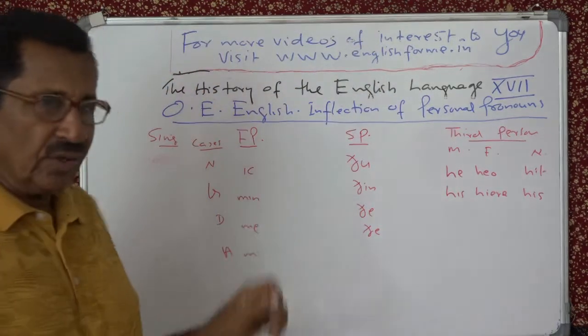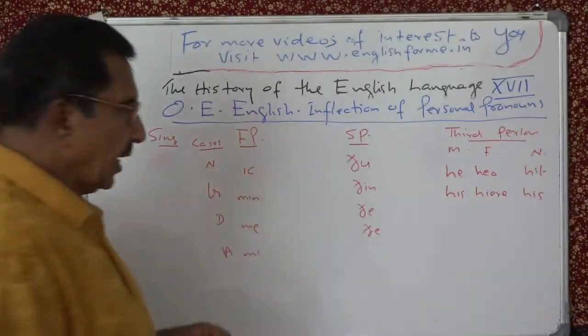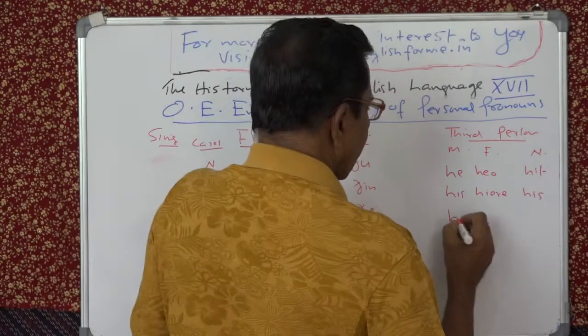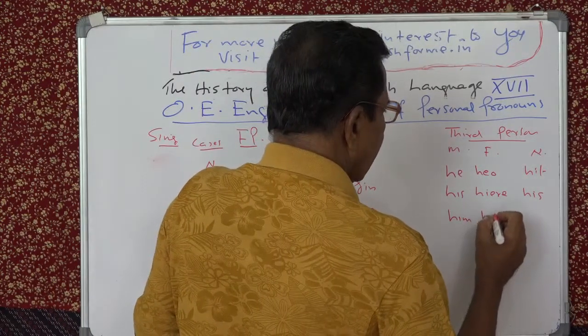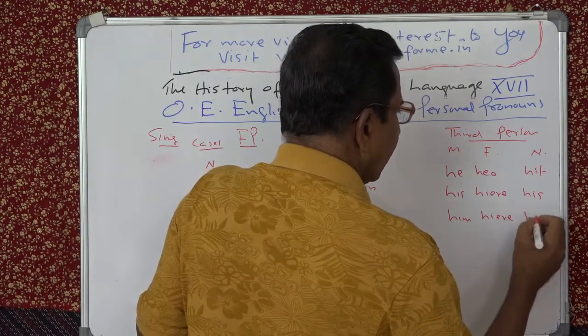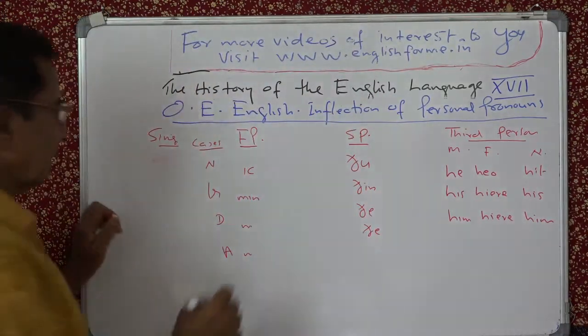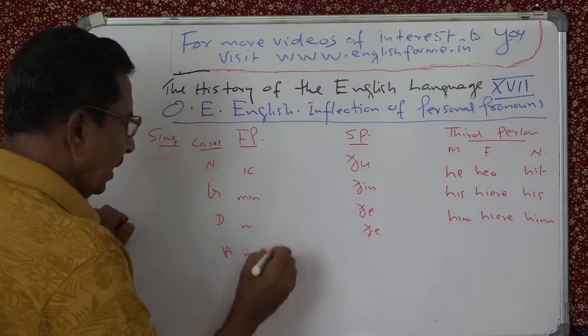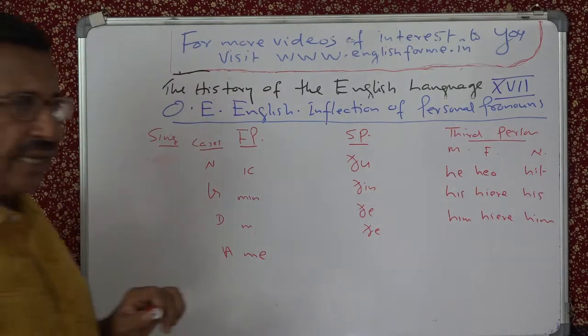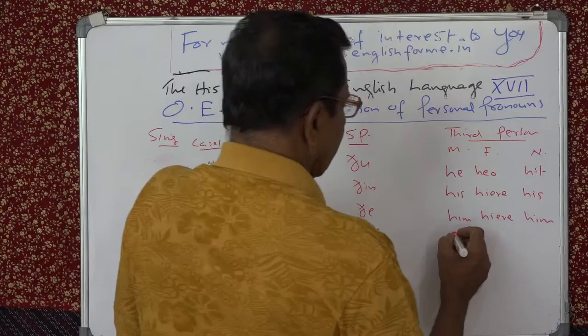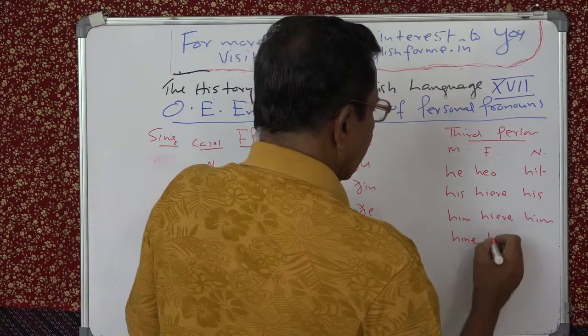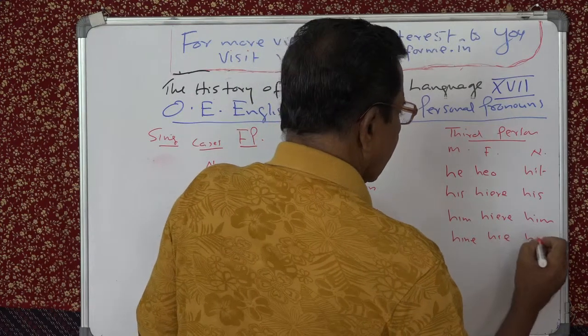So neutral also had his. And then you have him, here a him. Understand? And the last, accusative case, you have hine, heo, hit.